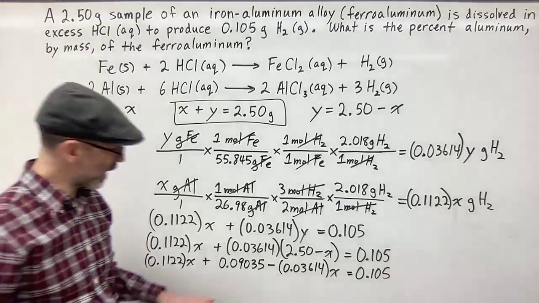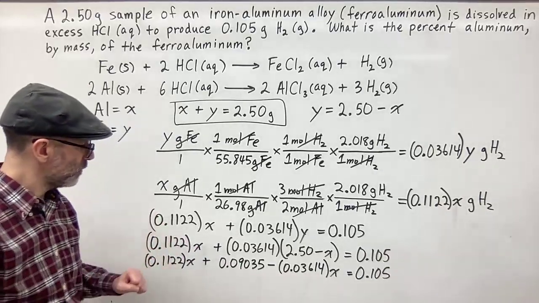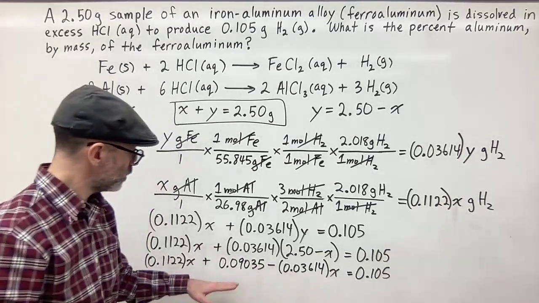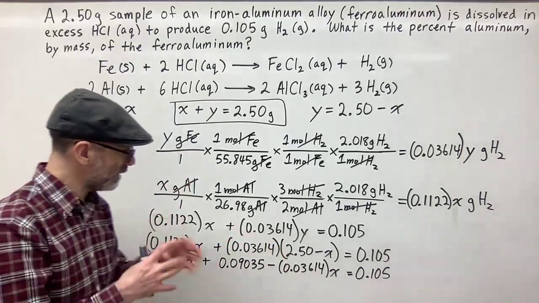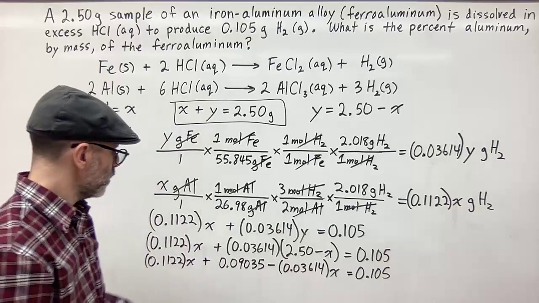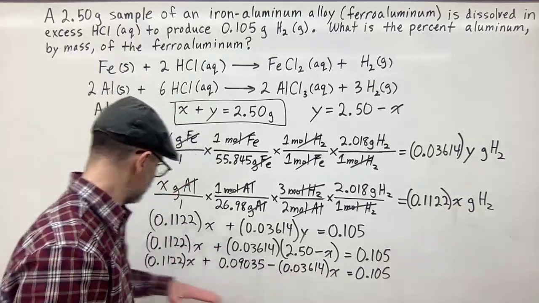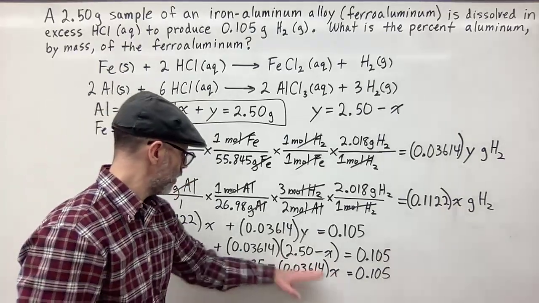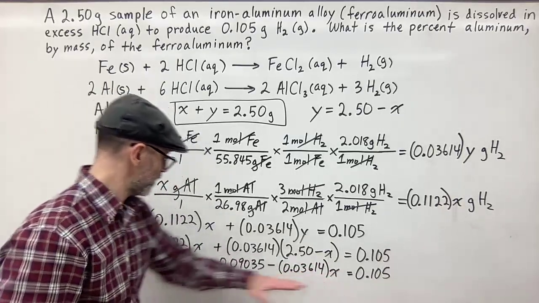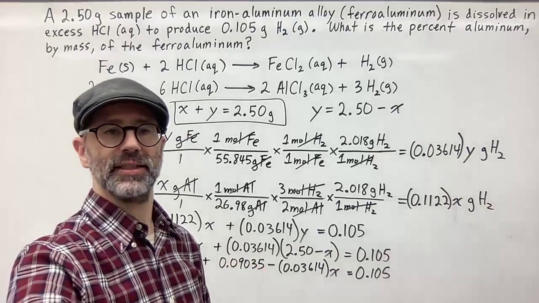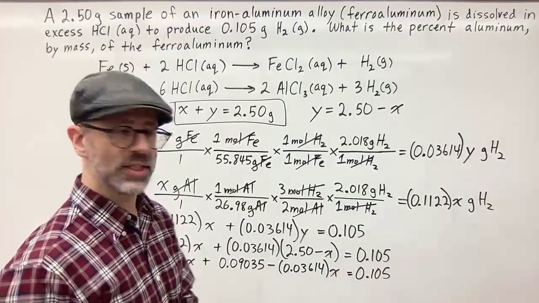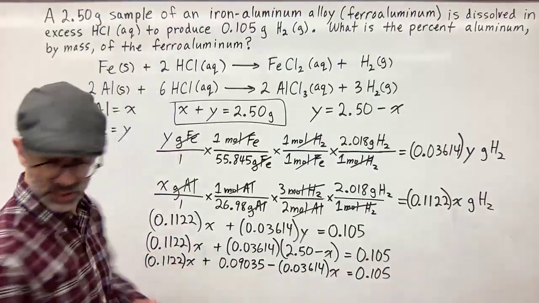Now that I've got that multiplied out, I'm going to have to add the like terms together. So here I'm going to add the x's together. This is a negative, so I'm going to subtract this from this. And when I do that, I get 0.07606.